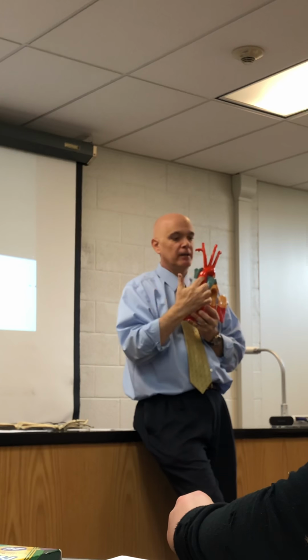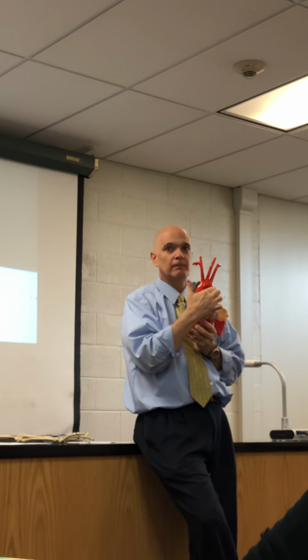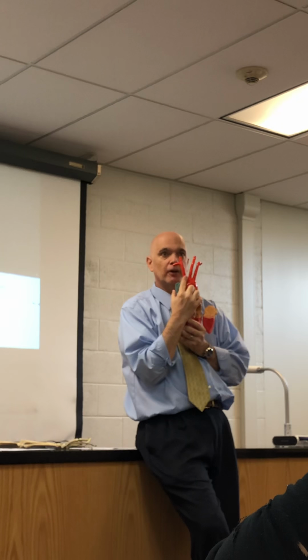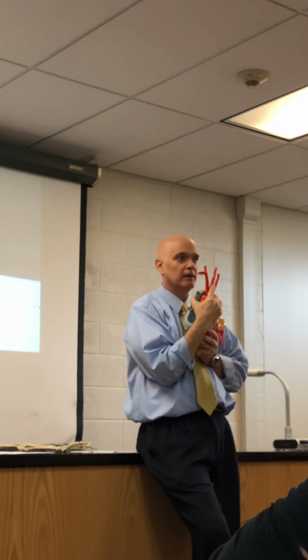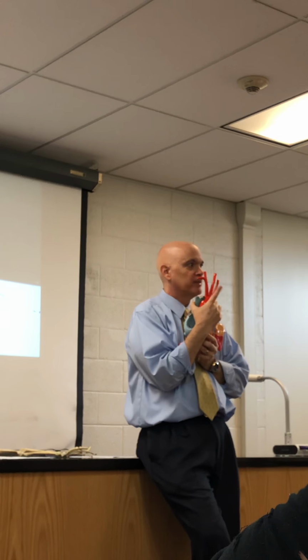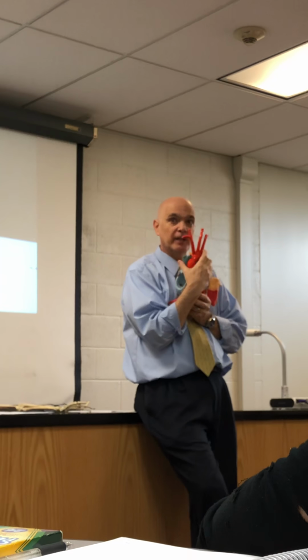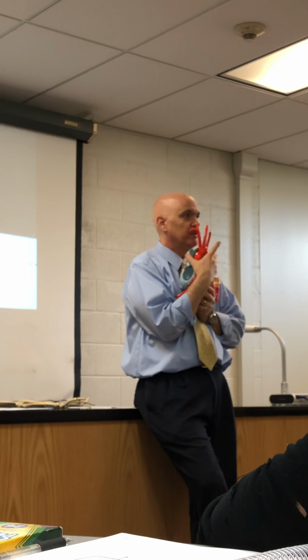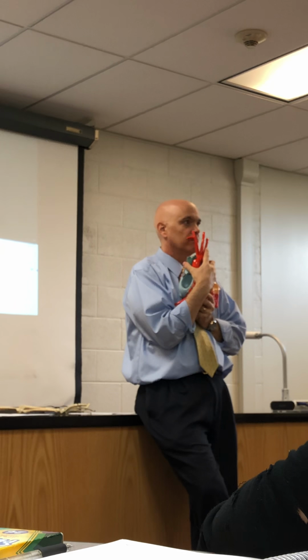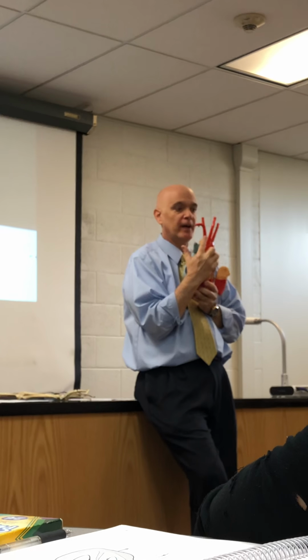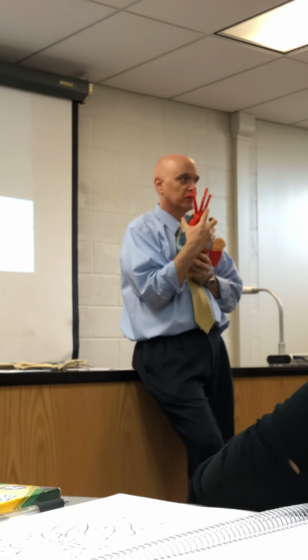Well, A is the aorta. B is the first branch called the brachiocephalic artery. C is a common carotid, but in this case the left common carotid. And the S, making it plural, is the subclavian or left subclavian. So ABCs: aorta, brachiocephalic, left common carotid, left subclavian.